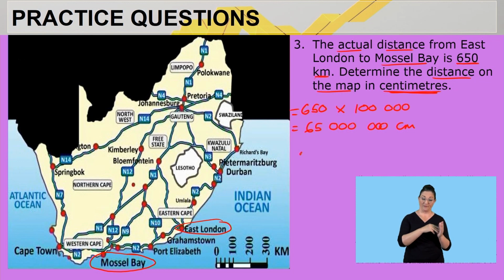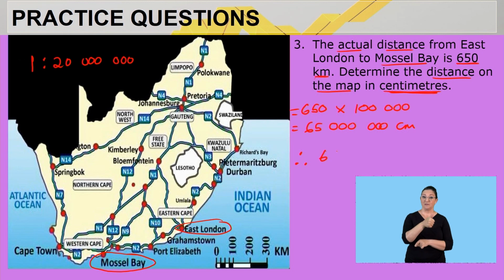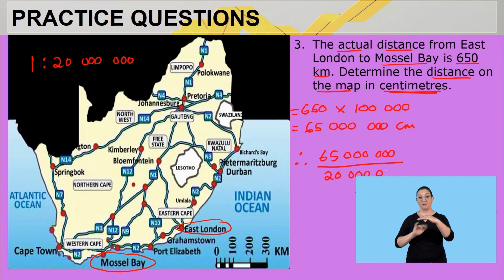Now remember, you would like to know what your answer in centimeters is on our map. So remember, in the previous question we said the scale of this map is 1:20 million. So now I'm going to take the 65 million centimeters and divide it by my scale of 20 million.